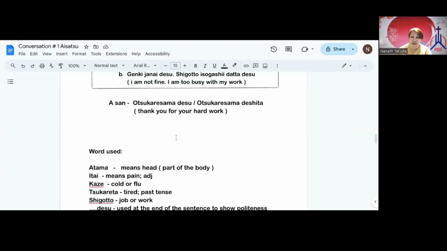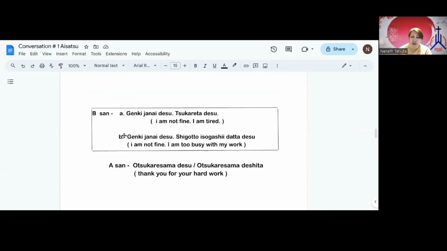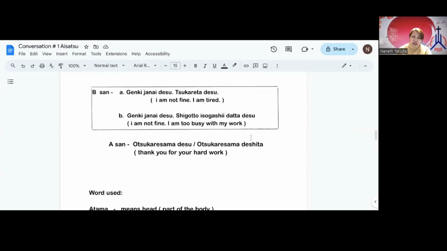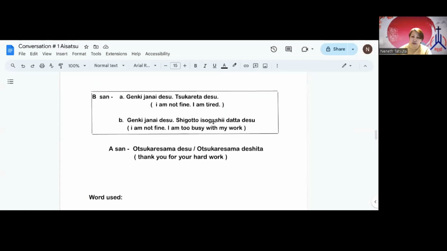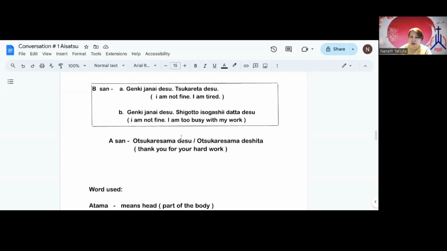Or if you are not genki, again, why? Because shigoto ga isogashikatta desu. Shigoto means job or work, and isogashii, we already gave this to you, means busy. So I am not fine because I am too busy with my work.